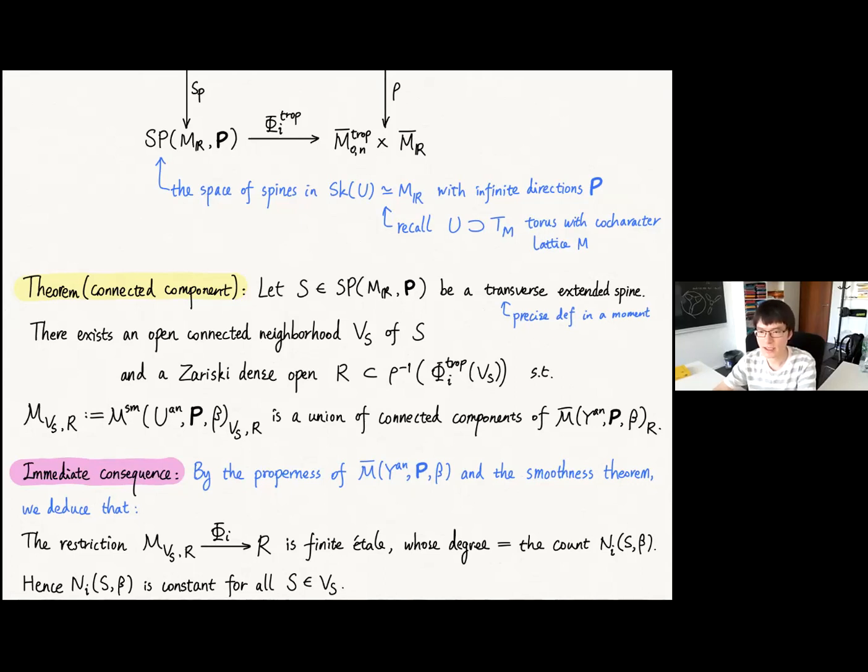It's the count of skeletal curves with span S, curve class beta, and evaluating at the ith marked point. Hence, this connected component theorem, especially this finite étale consequence, shows that the count NIS beta is constant for all span S inside this connected neighborhood Vs.